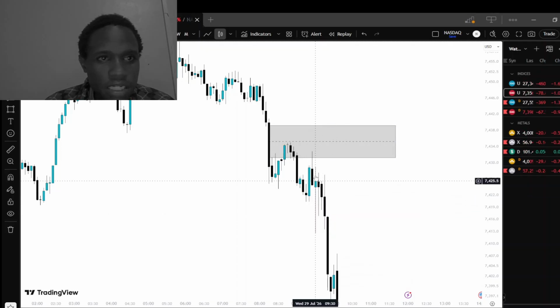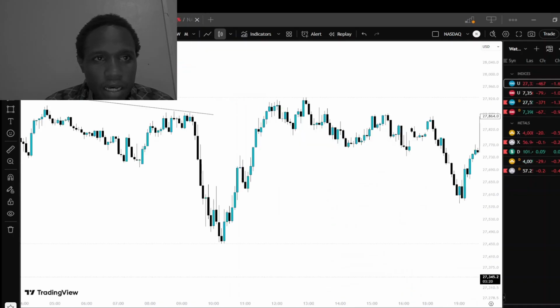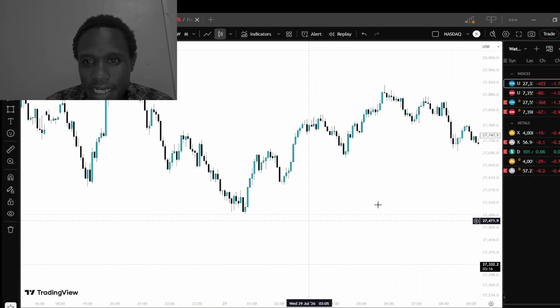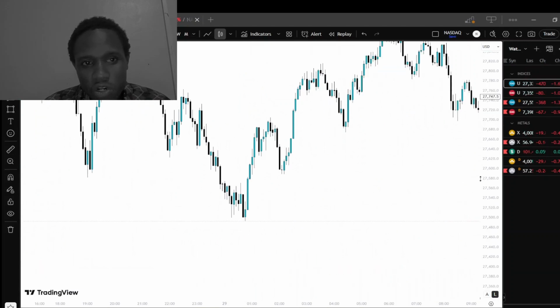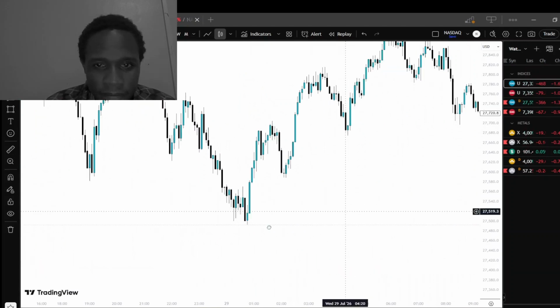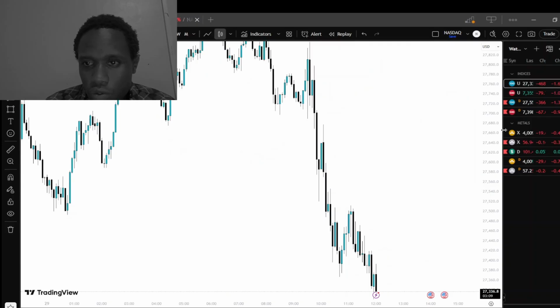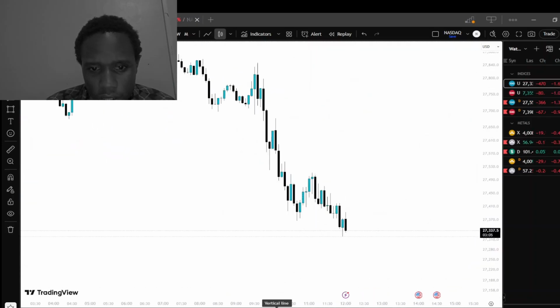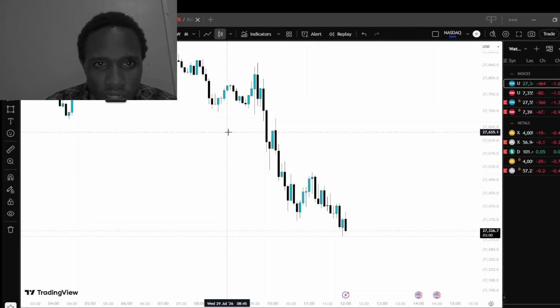So once I saw that happening, I looked at Nasdaq US 100 to see how it had interacted between that time window of 8:30 to 9:30. So I will actually use two vertical lines to mark that. So let's mark the 8:30 open and the 9:30 open between that time window and see how price interacted.